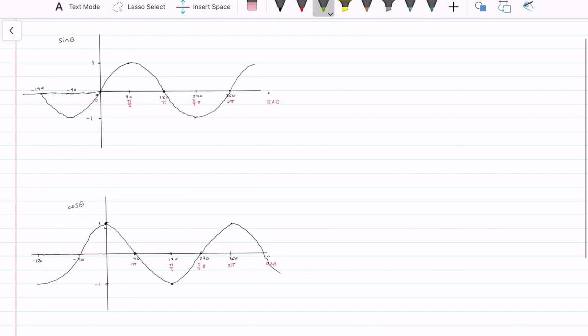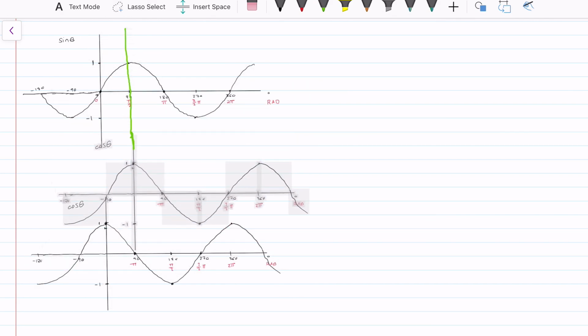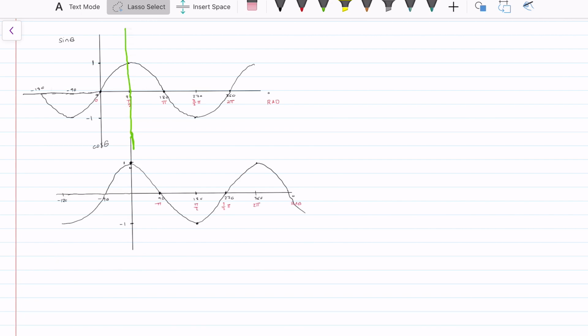It looks like if I had the sine graph starting at this point, so if I had the y-axis at that point, it looks like we actually have the same graph. So they look pretty much the same. So that's something to note, that the sine and cos graph are actually related to each other by 90 degrees.